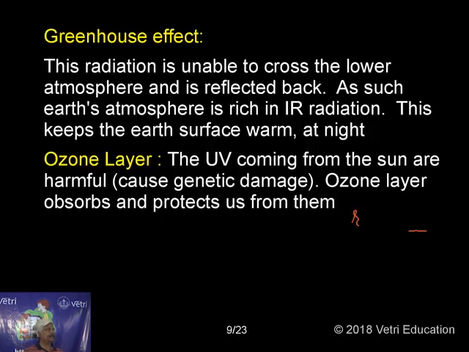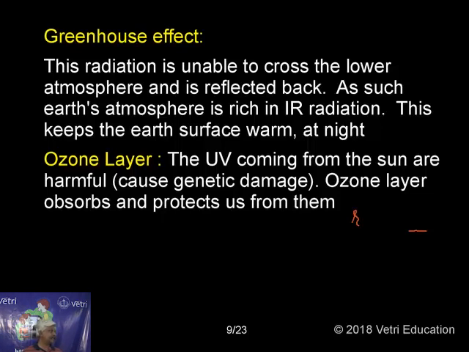This radiation is unable to cross the lower atmosphere and is reflected back. In the upper atmosphere, there are gases called greenhouse gases. These greenhouse gases again send this radiation towards the Earth. As such, Earth's atmosphere is rich in IR radiation. This keeps the Earth's surface warm at night also.